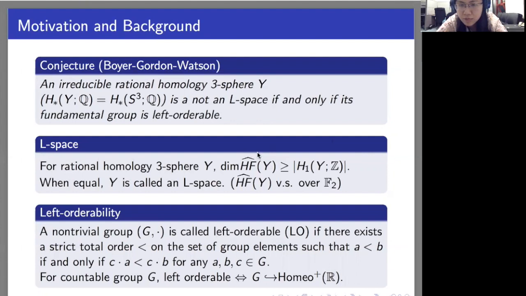Here, the hat version of Heegaard Floer homology is the simplest version of Heegaard Floer homology. We don't need to know the exact definition. We only need to know that it's a vector space over the field of two elements. Okay, and when this inequality becomes an equality, we call Y an L-space. So an L-space has the minimum possible Heegaard Floer homology.